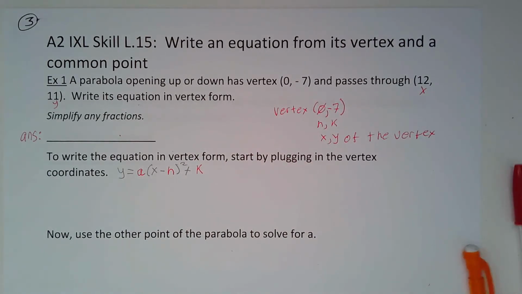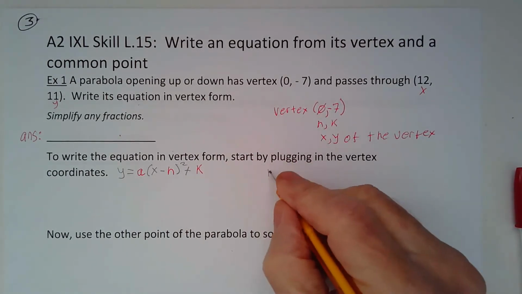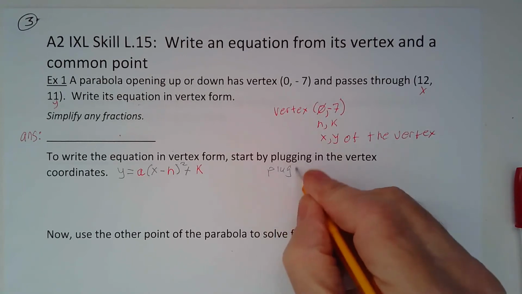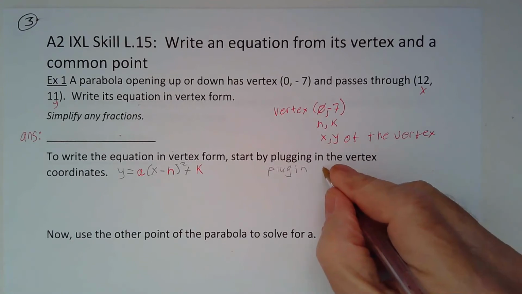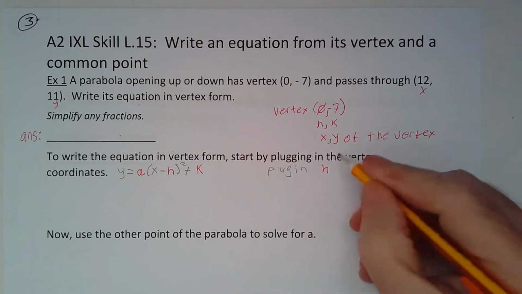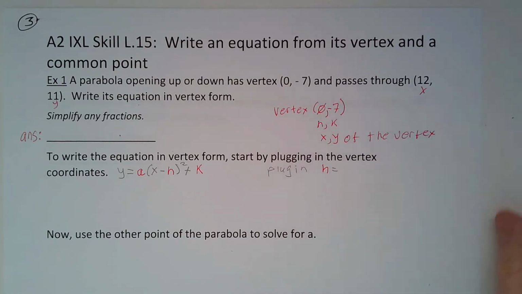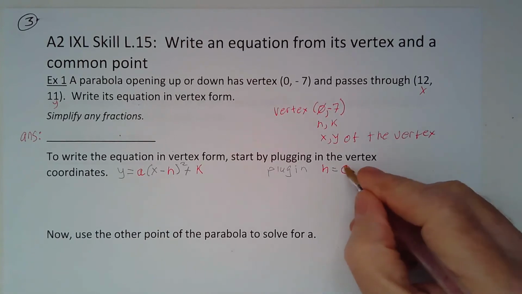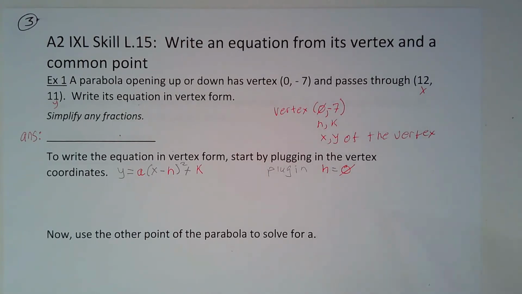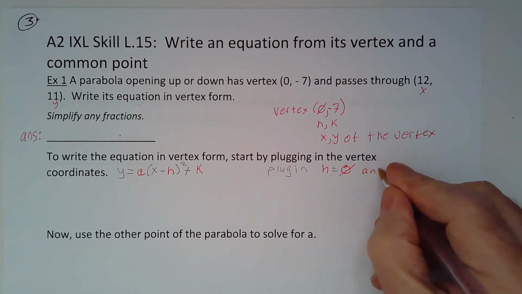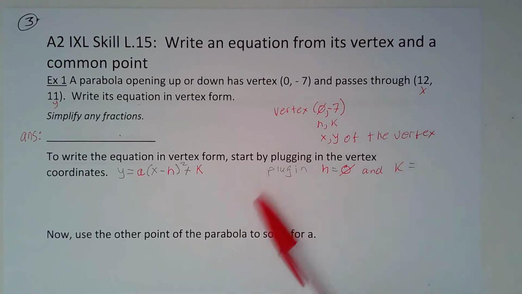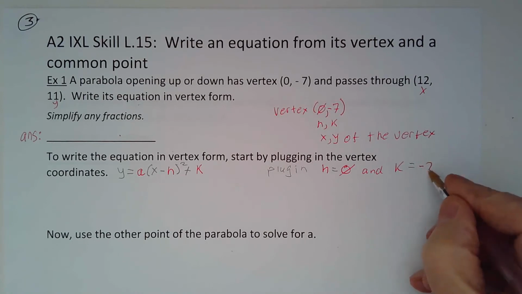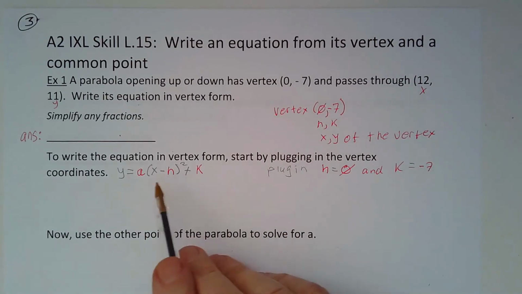So I want to plug in h equals 0 and k equals -7. So we know what our h and k is.